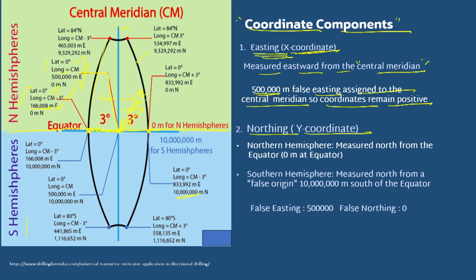The other end is about 833,992 meters. This is how it has been calculated. As I said earlier, northing from the 0 degree in the northern hemisphere starts from 0, and in the southern hemisphere it starts from 10 million. Accordingly, the numbers will change as you move from one point to another.